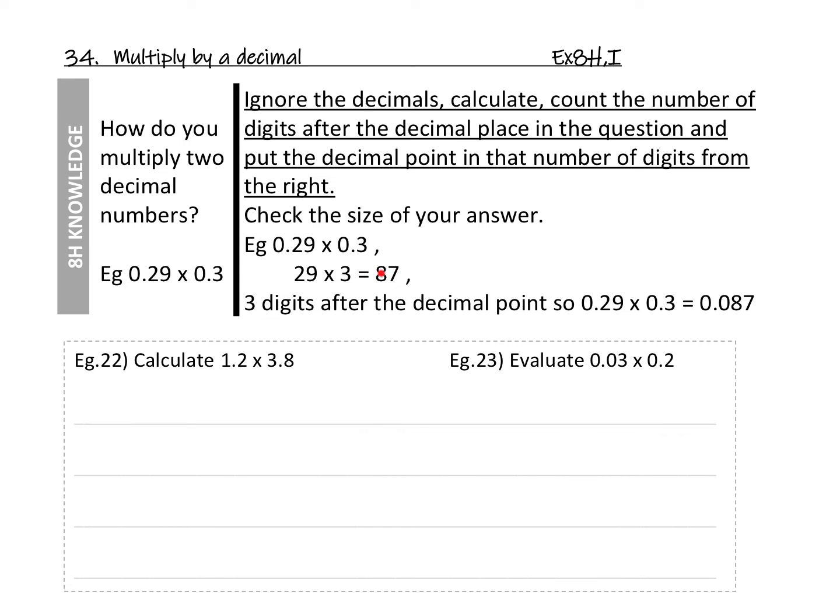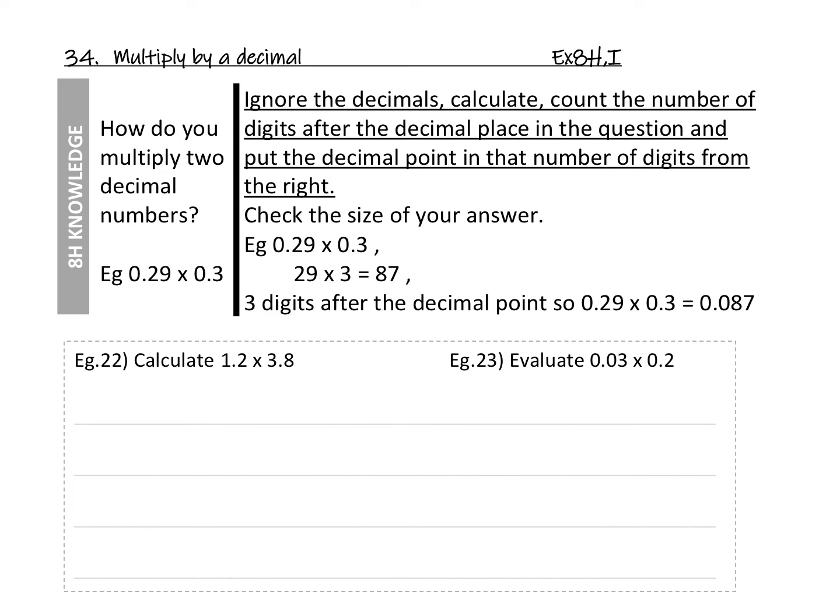So the answer we had is 87, but we need to have 3 digits after the decimal point in our answer. So that would become 0.087.